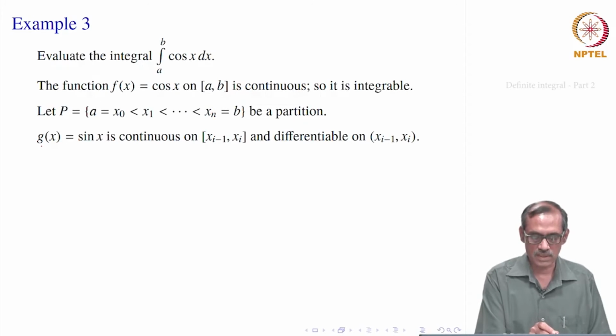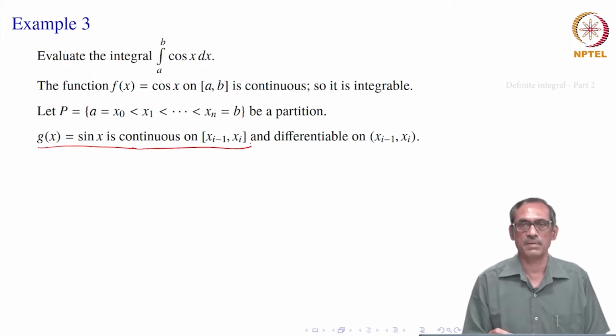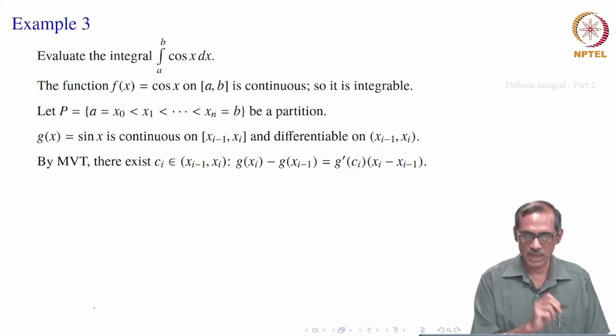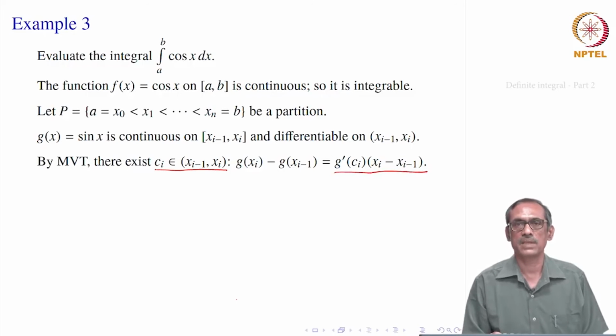Now, look at the function g(x) equal to sin x. This is continuous on each of the subintervals [xi minus 1, xi], closed interval, and also differentiable on the open interval (xi minus 1, xi). Okay. Therefore, we can use the mean value theorem. By the mean value theorem, there exists a point ci between xi minus 1 and xi such that g of xi minus g of xi minus 1 equals g prime of ci into xi minus xi minus 1.